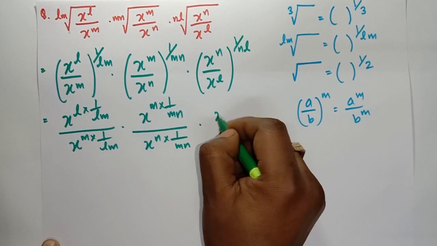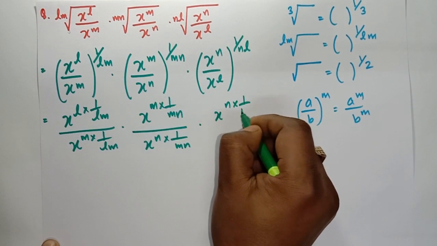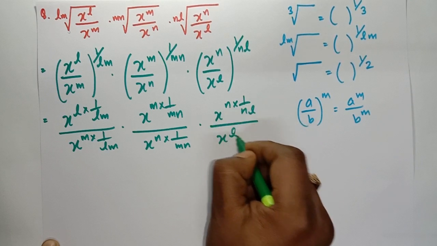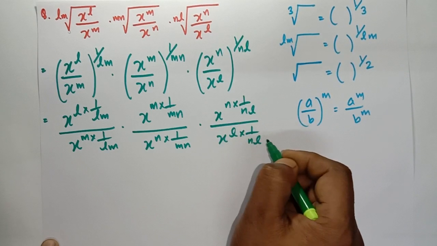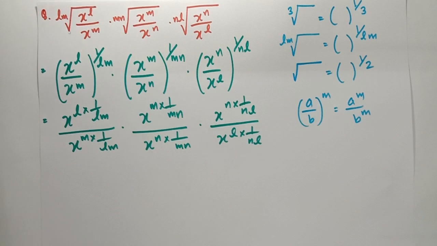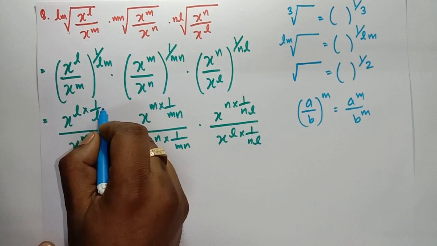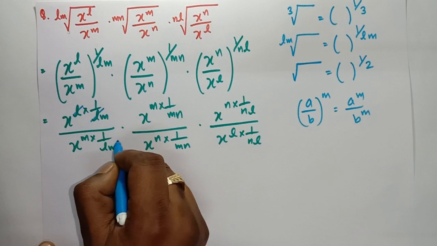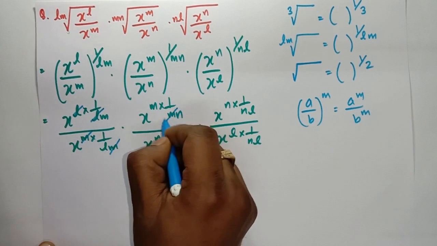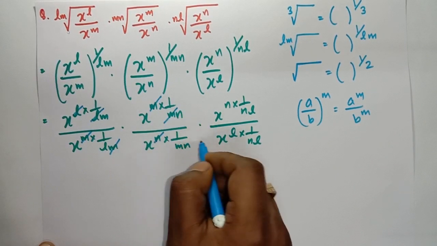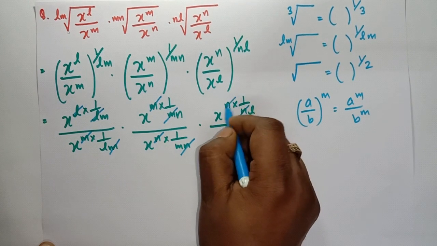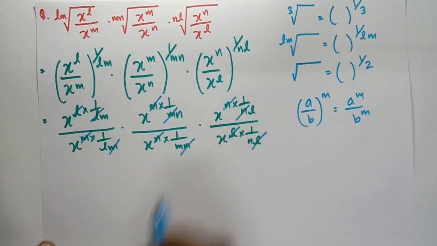So I can write x to the power n into 1 by nl, x to the power l into 1 by nl. So you can see here ll is there, so ll will get cancelled. Here mm also got cancelled, n and n got cancelled. This side also n got cancelled and ll got cancelled.